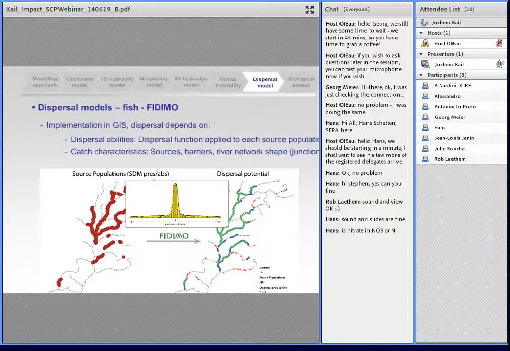So what the model does is that it uses a probability function, which is parameterized using this information from literature, and applies this to each source population, and then calculates the probability of occurrence of the fish for the different grid cells along the river network.